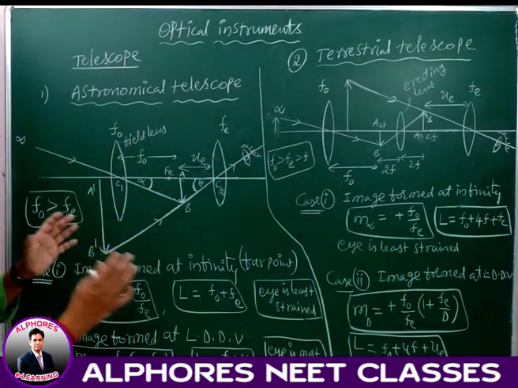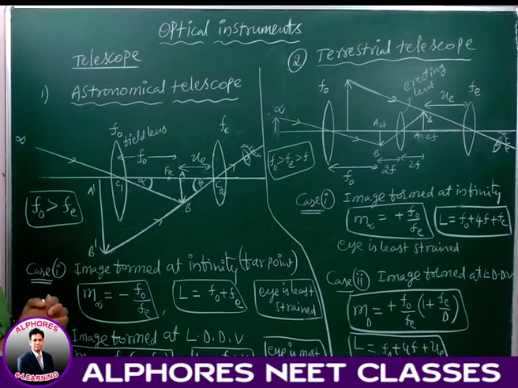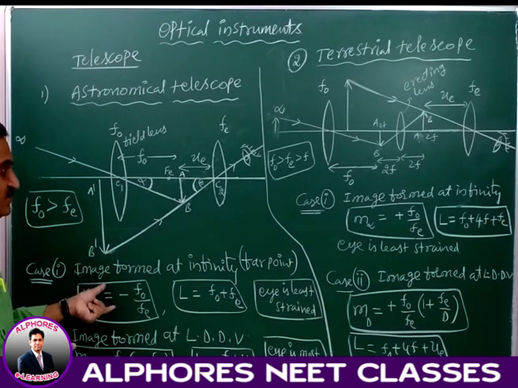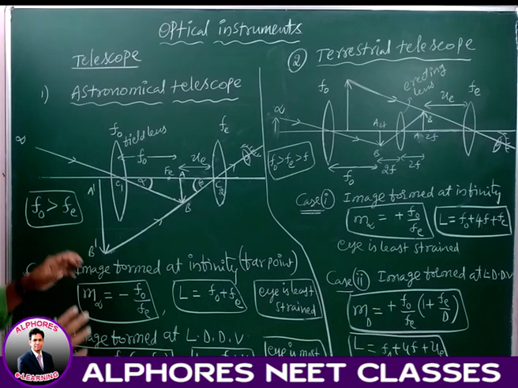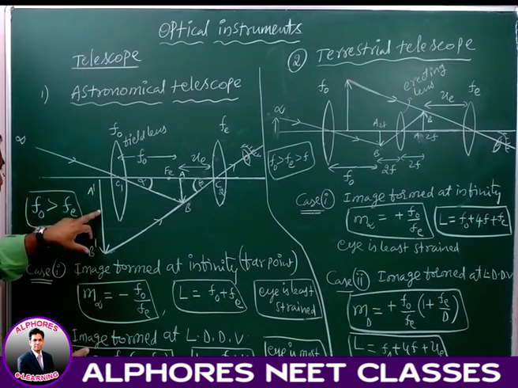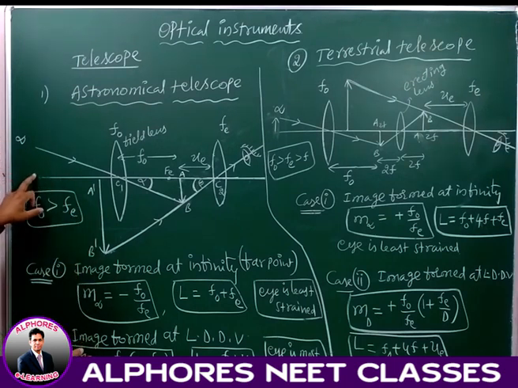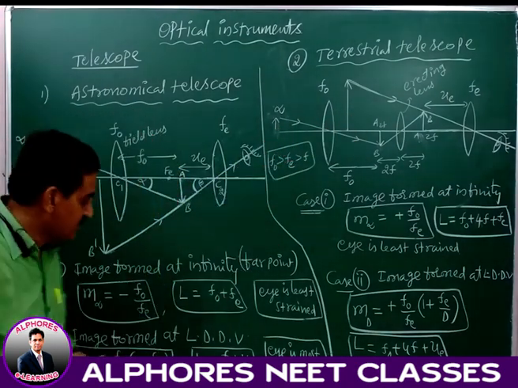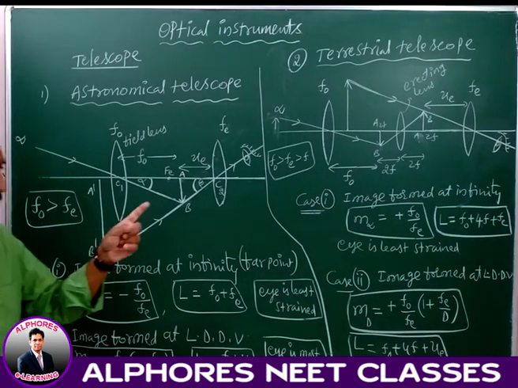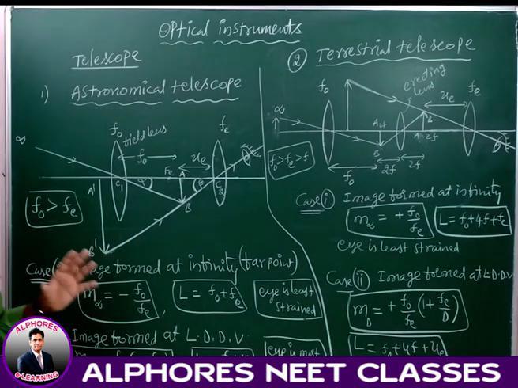So when we compare these two, the astronomical telescope and the terrestrial telescope, there is not much difference at all. Magnifying powers are the same, but the sign is different. Why is the sign different? It is an inverted image compared to the object here, whereas here it is an erect image compared to the object. Due to that reason, one is negative and the other is positive magnification. That's enough.